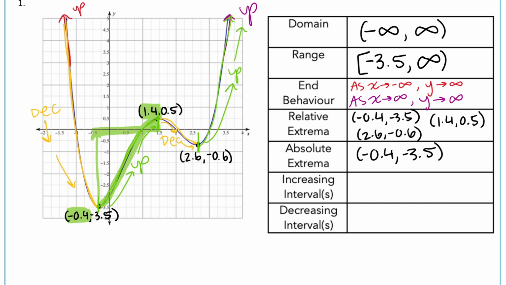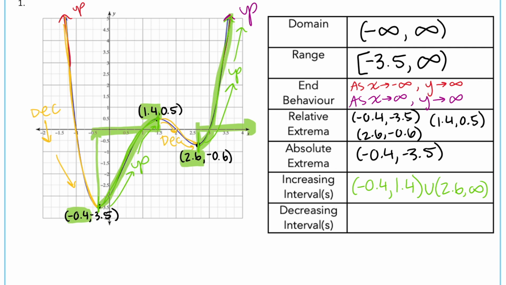Okay, so the first interval is between negative 0.4 and it goes to 1.4. Okay, and then I have another interval, right? It increases for this section of the graph too, or everything to the right of this x value, which is 2.6. So from 2.6 to infinity, it will be increasing.